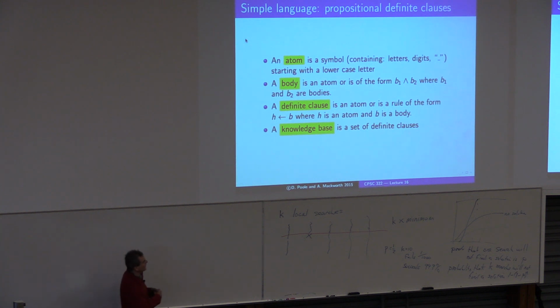So here's our very simple language: just propositional definite clauses. An atom is a symbol that contains letters, digits, and underscore, and starts with a lowercase letter.